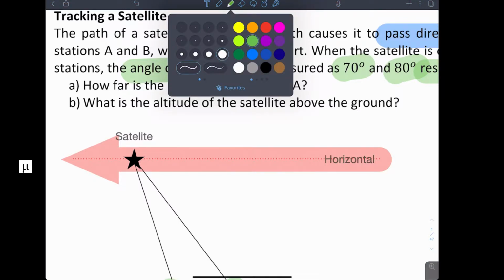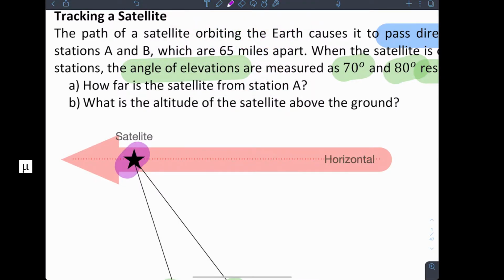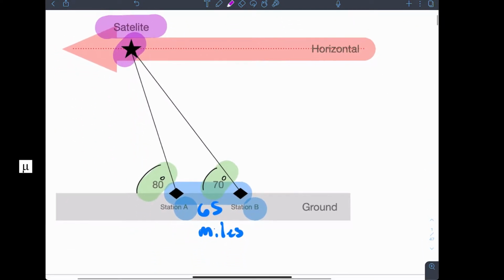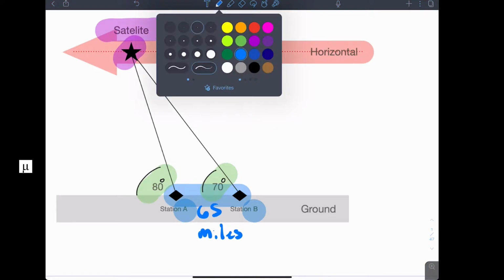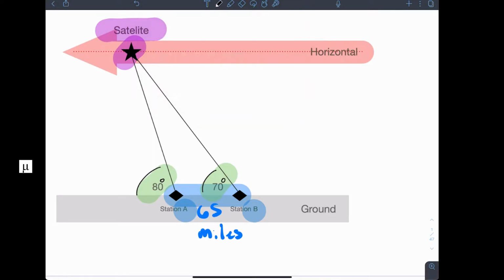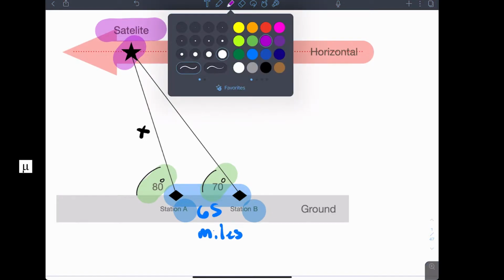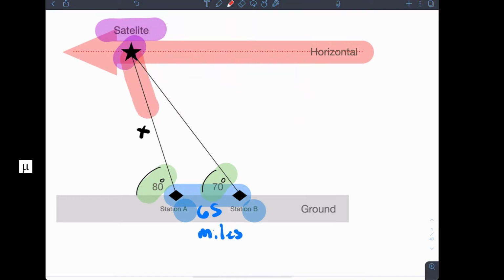Remember, this is where the satellite is. It's right here. They even told us. I just put a star for satellite. How far apart is the satellite from station A? Now, I'm going to use a letter here again. I'm going to use that letter X because I used that yesterday. So what they're asking us for today is this distance.